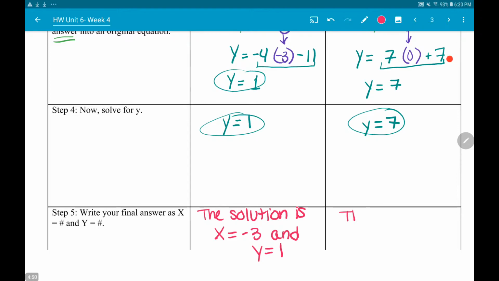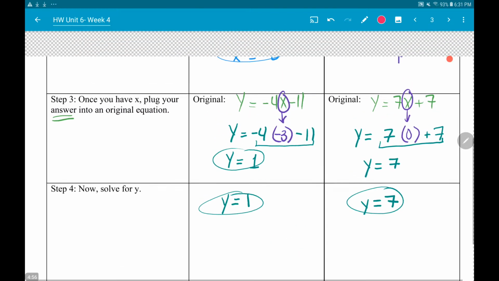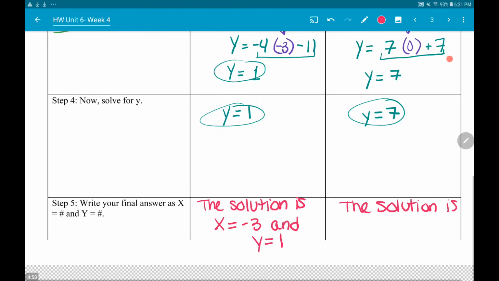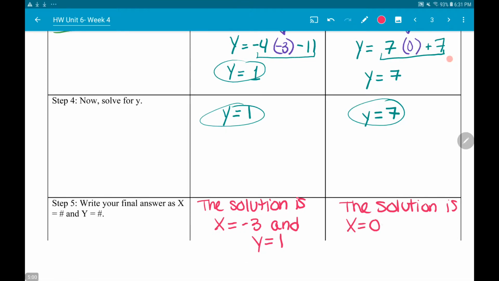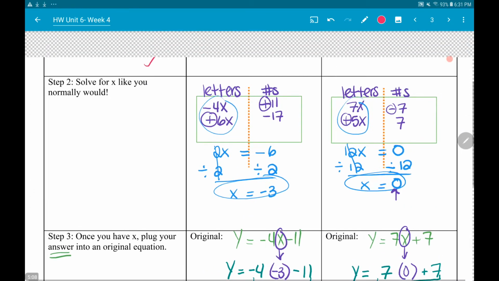The next one was the solution is x equals 0, and y equals 7.